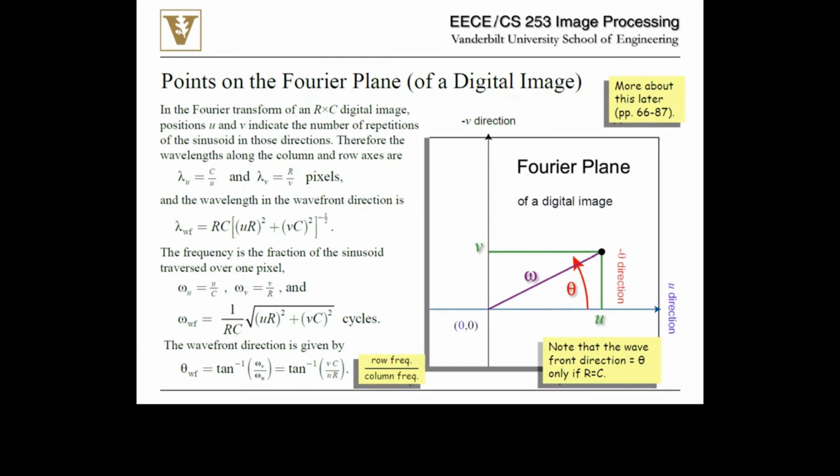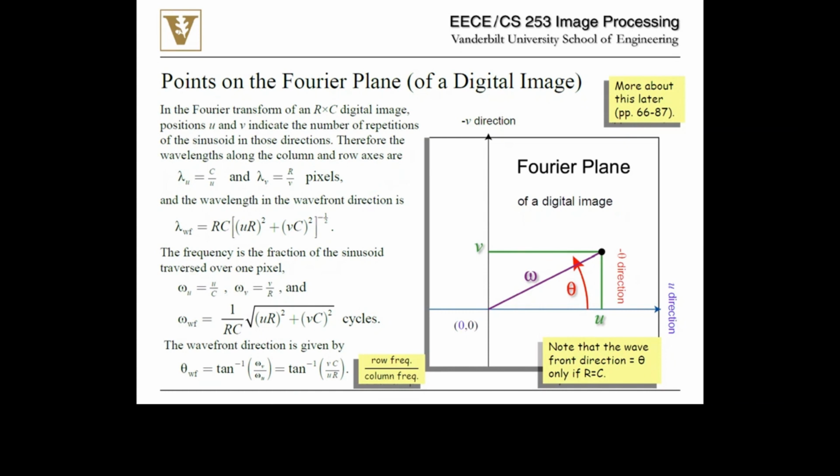Okay, so once you have wavelengths, immediately you have frequencies. It is simply the inverse. You invert the wavelength in x, and you have the frequency in x. You take the inverse of the wavelength in y, and you have the frequency in y, and the same for the direction of propagation.